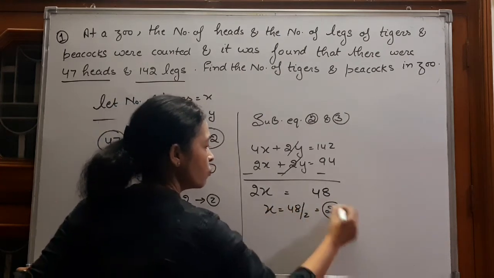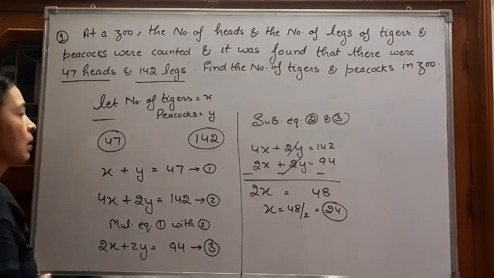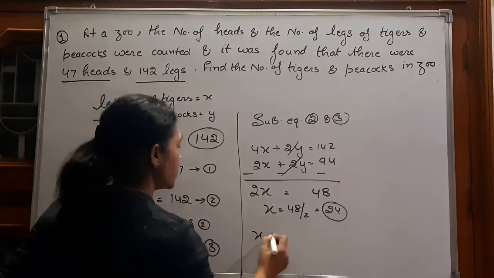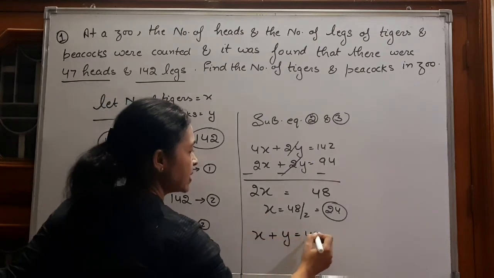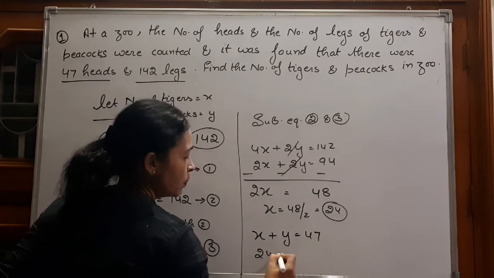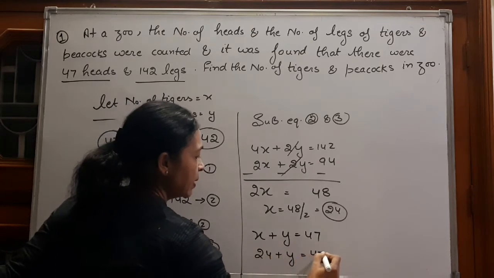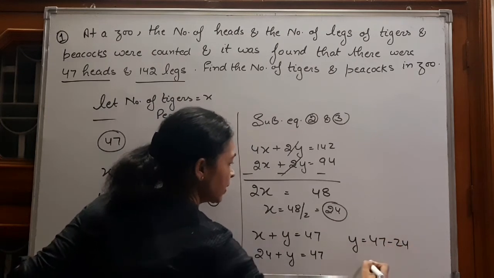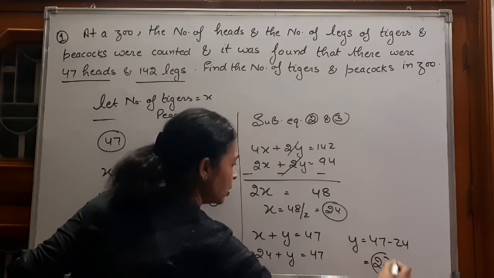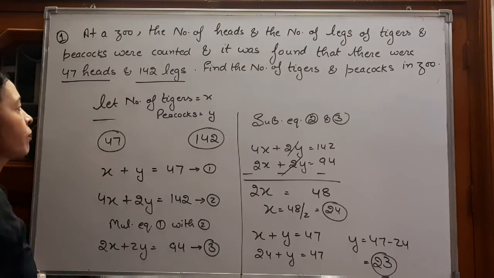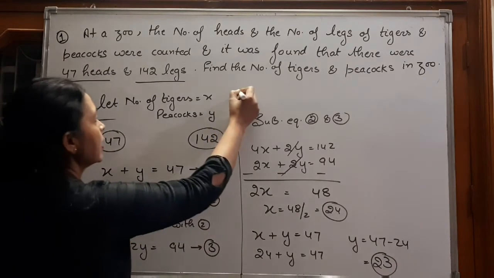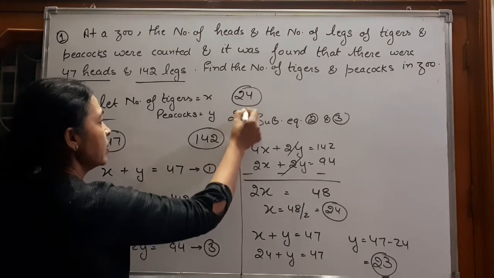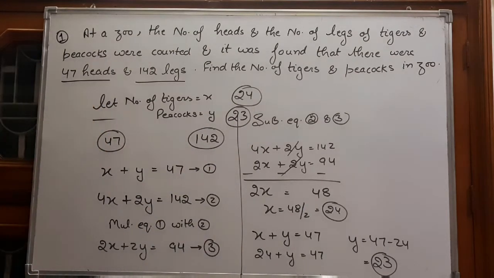That is 24. Put the value of x in any equation. Let us put it in equation 1. X plus y equals to 47. 24 plus y equals to 47. And the value of y is 47 minus 24. That is 23. So the number of tigers in the zoo is 24 and the number of peacocks is 23. Clear?